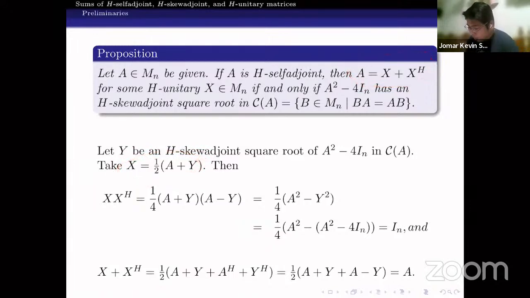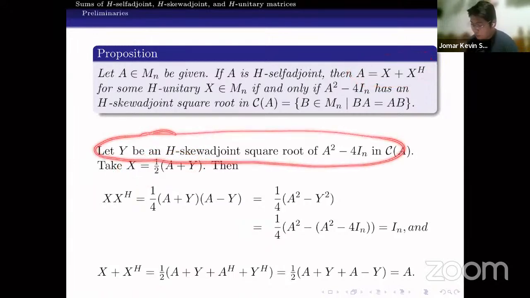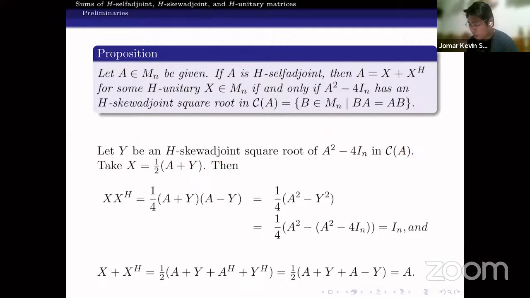So, kung hindi naman po unique yung makukuha natin na h squared and square root ni a squared minus 4i. So, dito sa proof natin, tinake natin yung x to be 1/2 times a plus y. So, since hindi po unique si y, hindi magiging unique si x. And then, following this sa main theorem, hindi po siya magiging unique. Yun po yung answer. Okay, thank you.